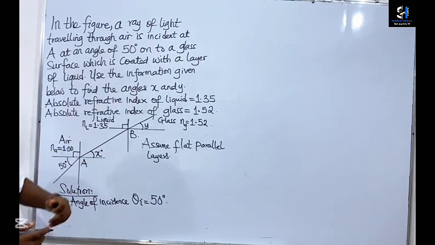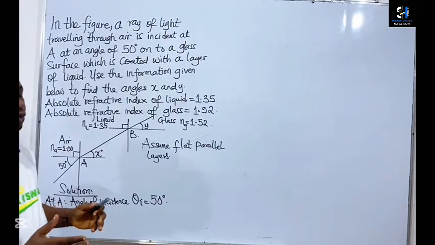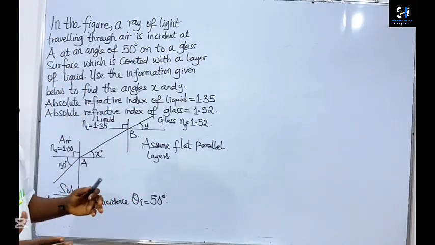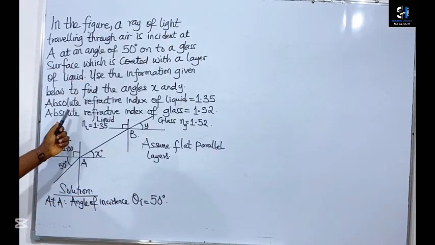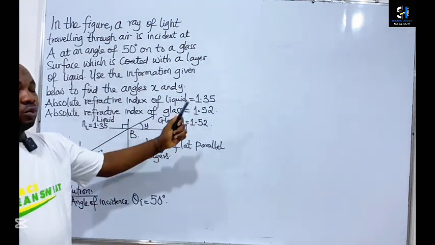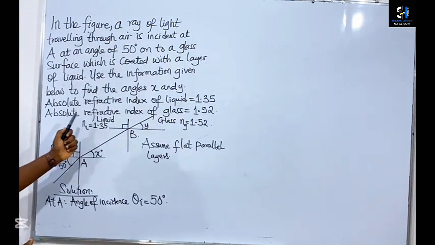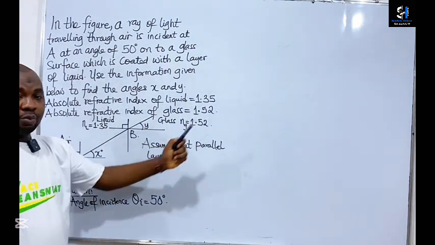Use the information given below to find the angles x and y. Absolute refractive index of liquid equals 1.35. Absolute refractive index of glass equals 1.52.